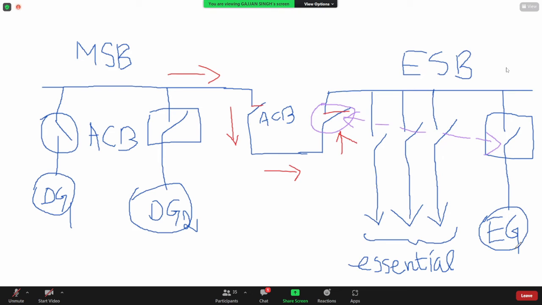So it's ready. If there is no supply, your inverter feeds your home, not other outer homes. Similarly, if DG1, DG2 is running, it is feeding the main switchboard and the emergency switchboard. But in case the emergency generator is running, its breaker is on, it won't feed back to the main switchboard.